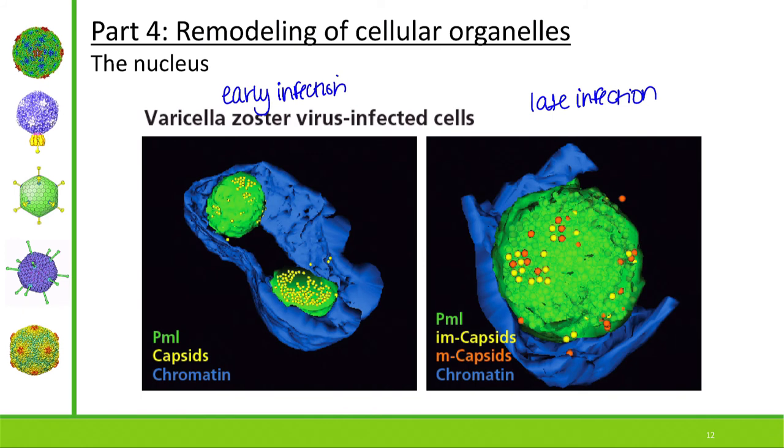The green that we have, that PML, so the virus kind of takes over it, but it is a nuclear body, and this is something that is normally found in our host, and our nucleus is made up of these different types of nuclear bodies. There are many kinds that exist, and they're subcompartments, if you will.